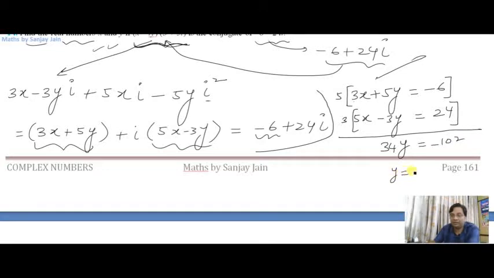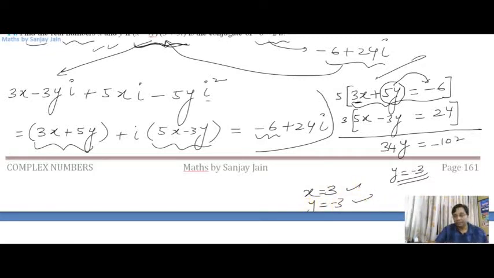Hence y will be equal to negative 3. And if y is minus 3, I will put it in the first one. Y as minus 3 will give me minus 15 here. If I bring it here, it will become 9. 3x equal to 9 means x will be equal to 3. So x is 3, y is equal to minus 3. This is my answer.